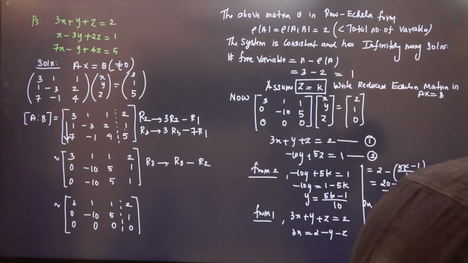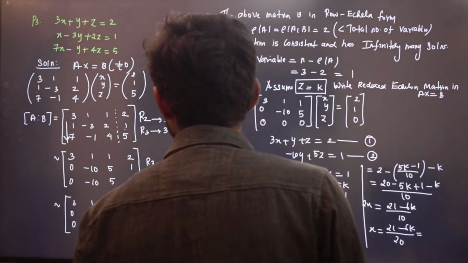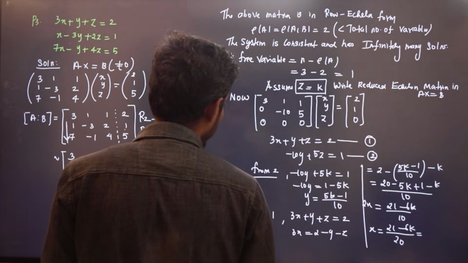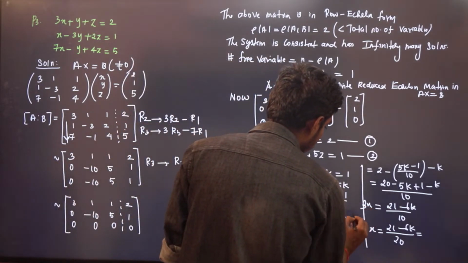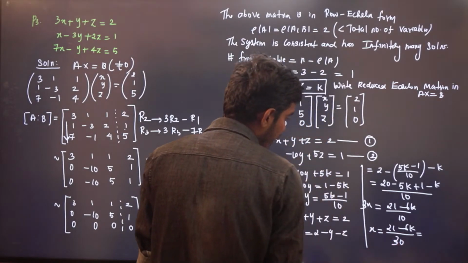Is there any mistake I have made? z is k, y is (5k minus 1) by 10. So 3x plus y plus z is 2. Okay, this is 3x. Sorry, this is 3x, this is 30.